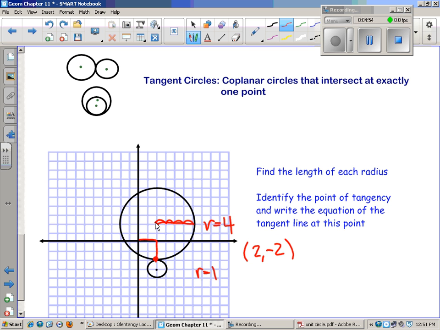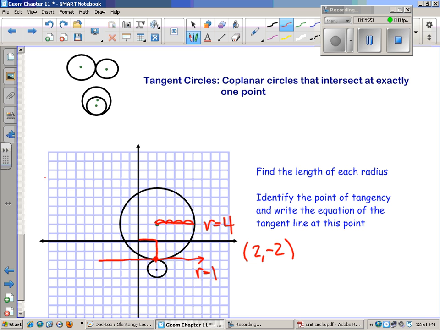And if I were going to draw a line that's tangent to both circles that goes through the point of tangency, that would be here, right? Okay? What's the equation of a line that is horizontal like that? X equals or Y equals?